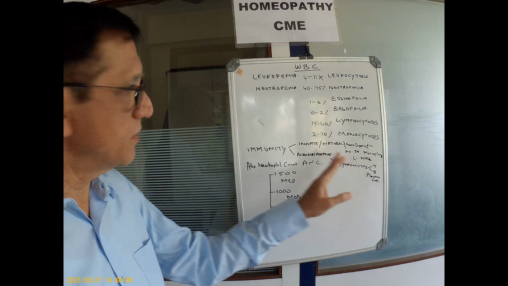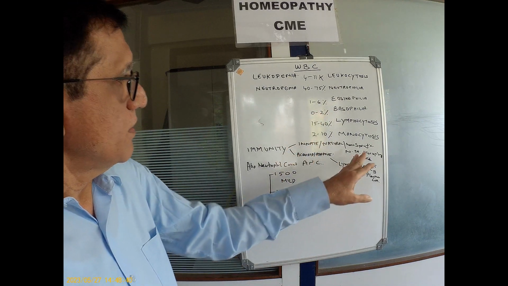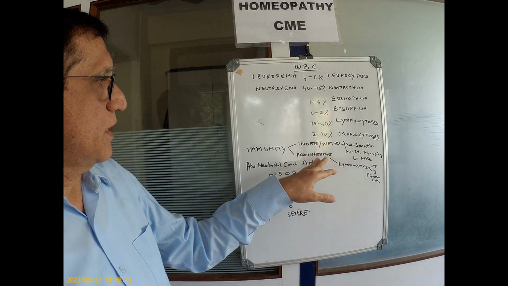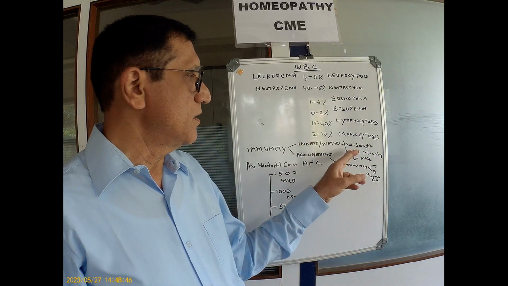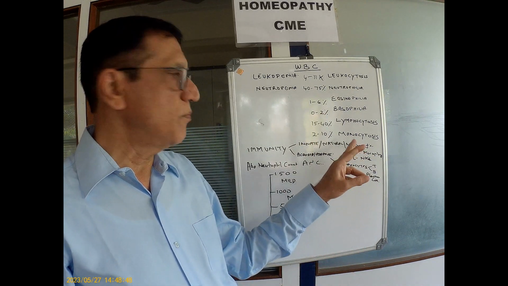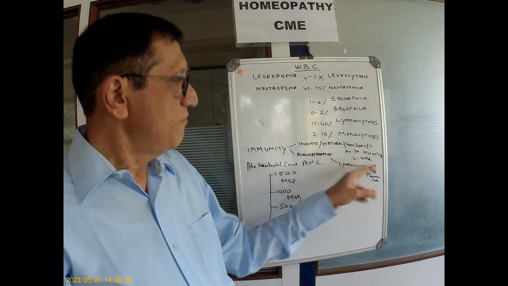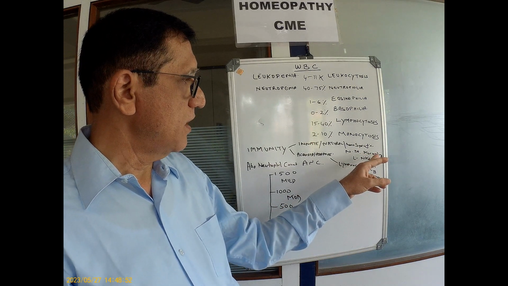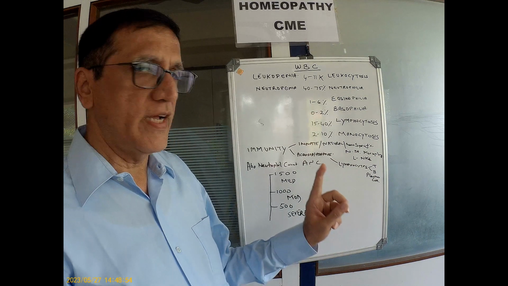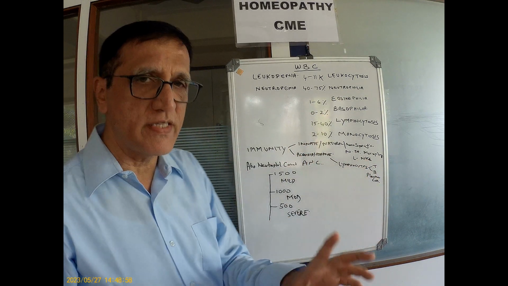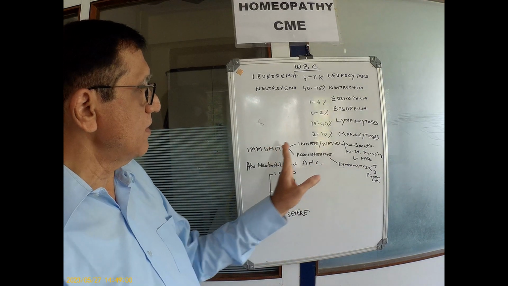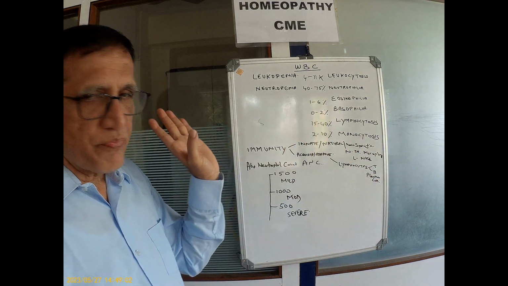The cells associated with it are the neutrophils, the monocytes, which turn into macrophages, and lymphocytes, particularly the natural killer cells, NKC. These are the cells of the innate or natural immunity.